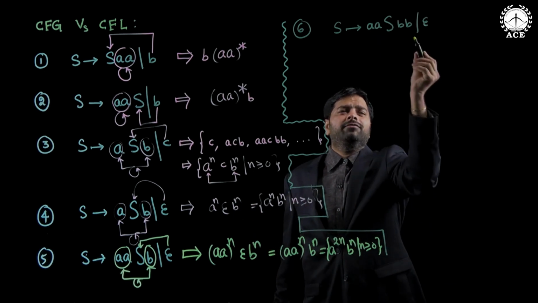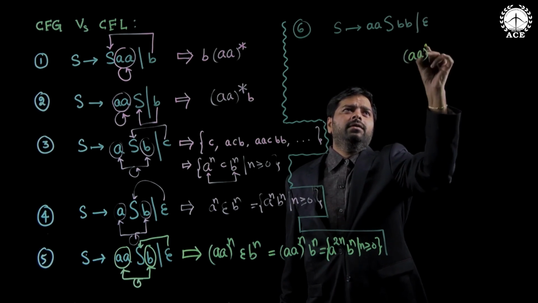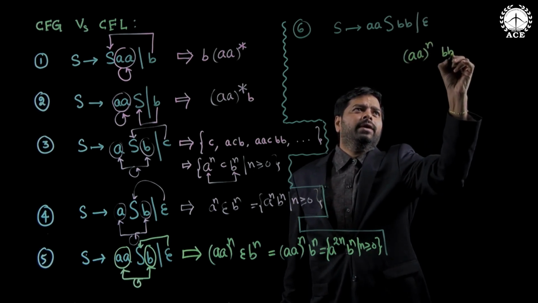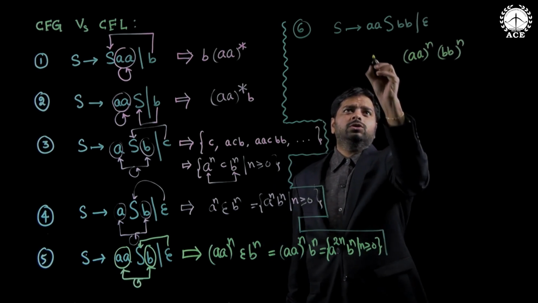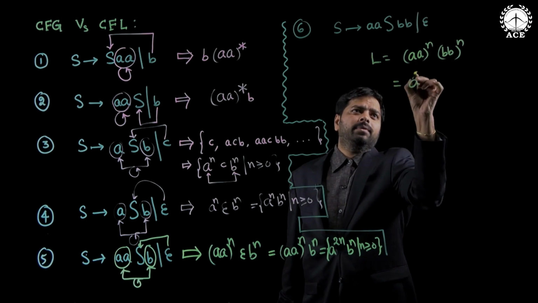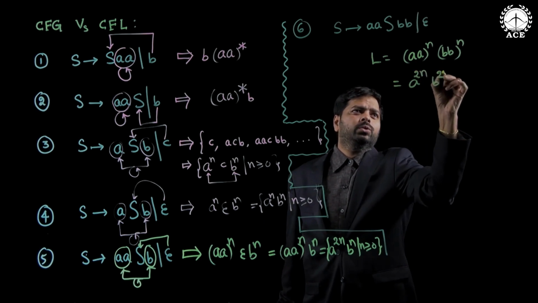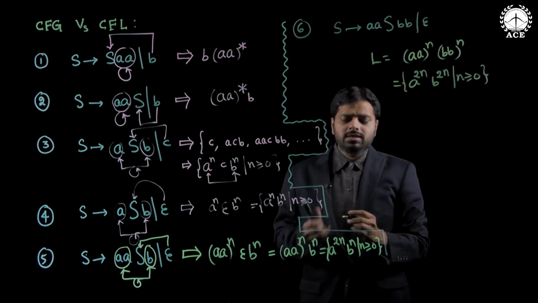Before S double A, after S double B, so that is double A power n and double B power n, in center epsilon is there, no need to write, because the language is going to be double A power n, same as A power 2n, B power 2n, where n is greater than or equal to 0, right.